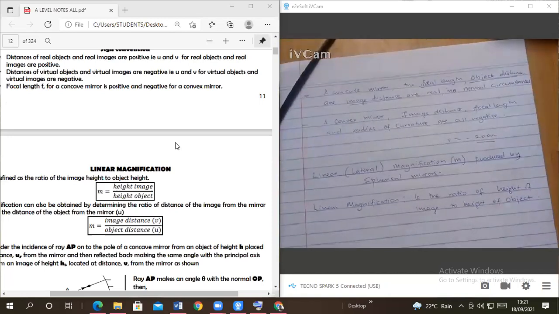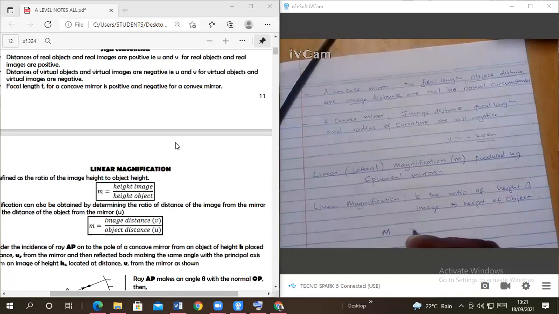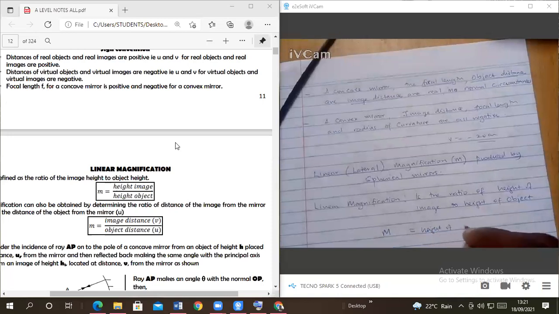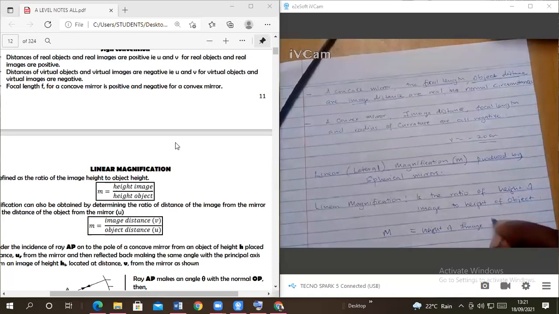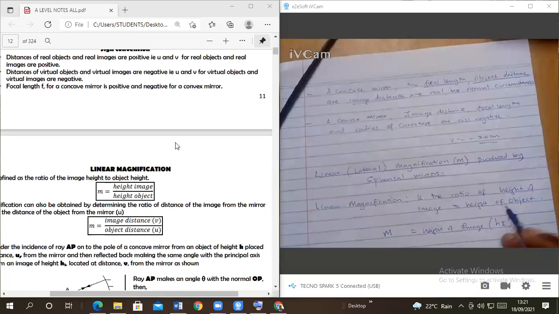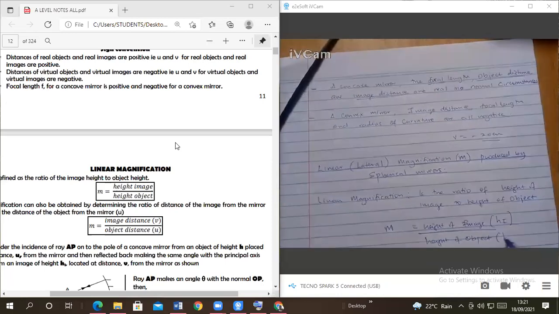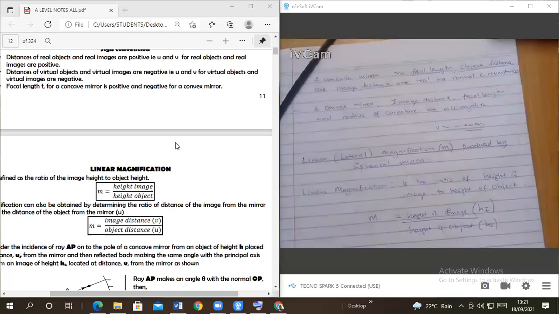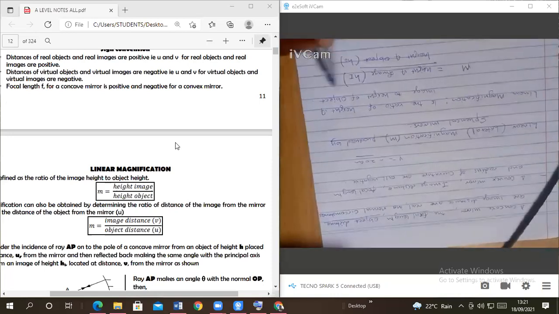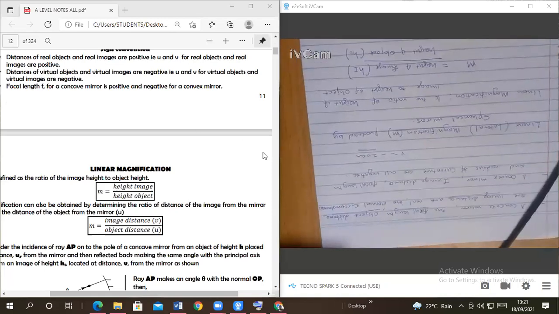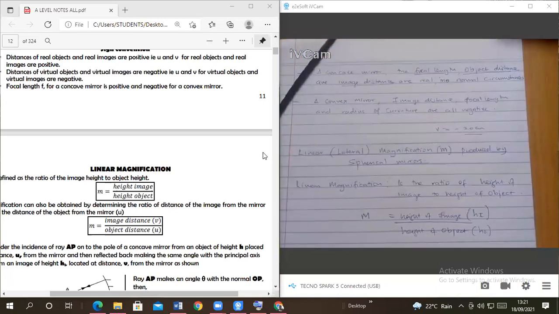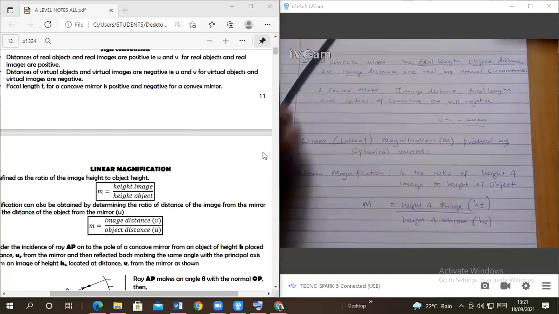And then you can proceed and say M is equal to height of image, which can be H_I, over height of object, which can be H naught, like that. So that is the correct definition of linear magnification.